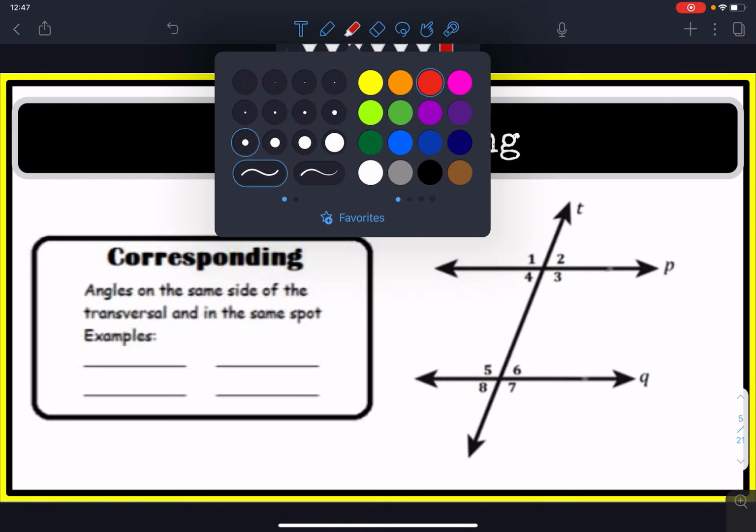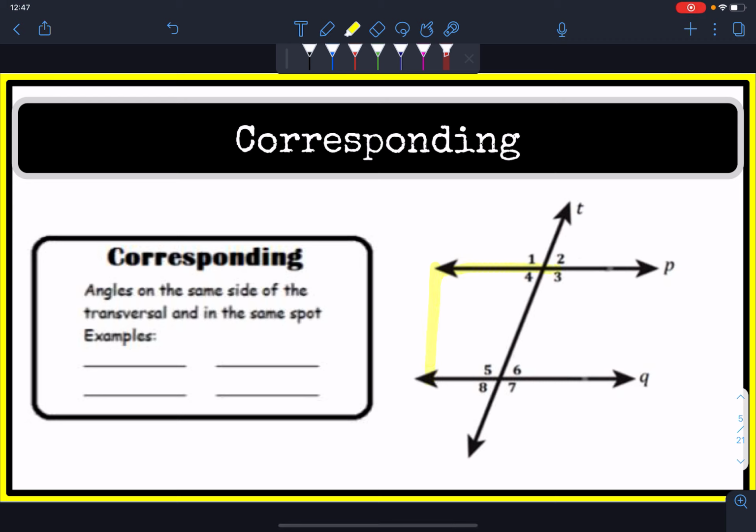If we consider everything here to be on the inside and these points being on the outside, another way of thinking about corresponding angles is angles on the same side of the transversal, but one angle is on the inside and the other is on the outside, like angles 1 and 5. 1 and 5 are on the same side of the transversal, but angle number 1 is on the outside and angle number 5 is on the inside. So those are corresponding.